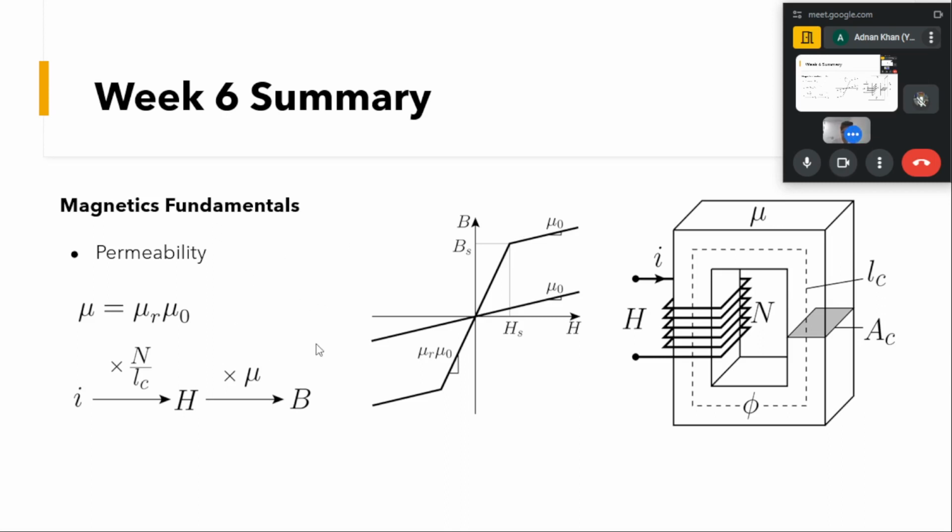If we multiply this mu with H, we get B. You will have also seen this formula, B is equal to mu H, and this mu is equal to mu R into mu naught, where mu R is the relative permeability and mu naught is the permeability of free space, which is 4 pi into 10 raised to minus 7, as you know. And mu R is the relative permeability of this core with respect to free space.